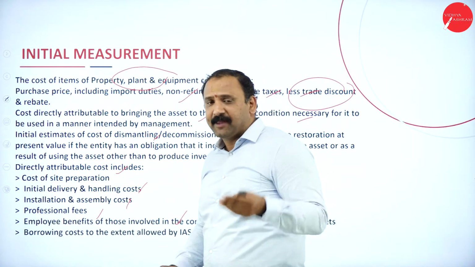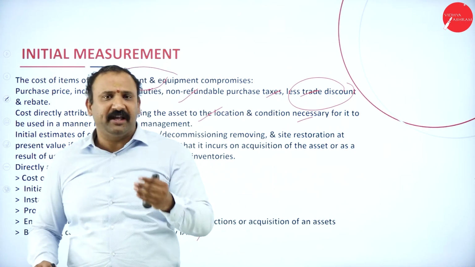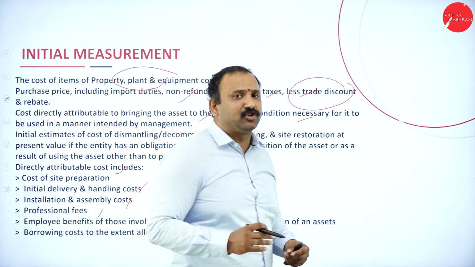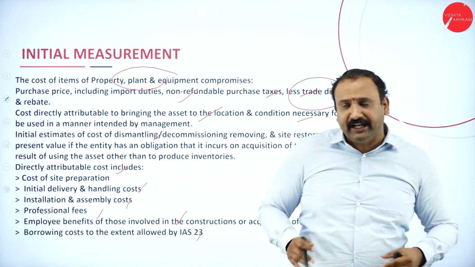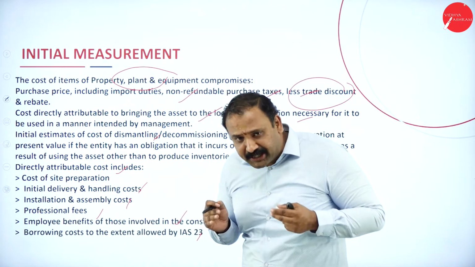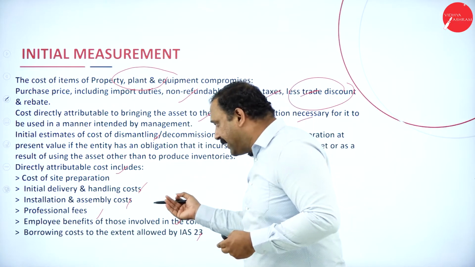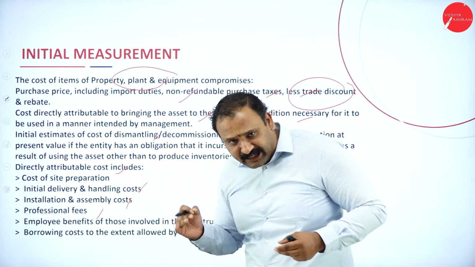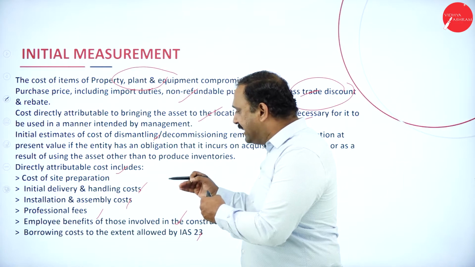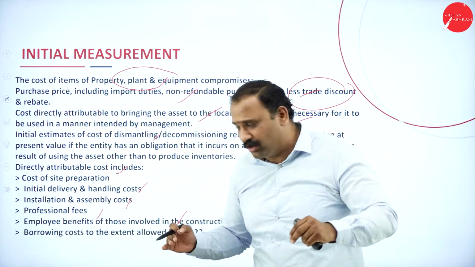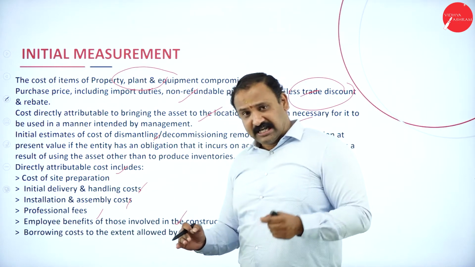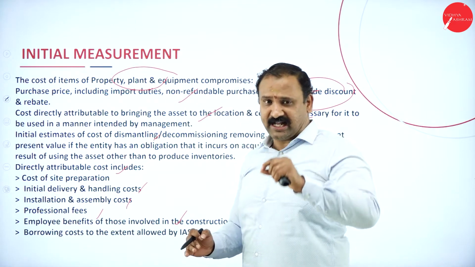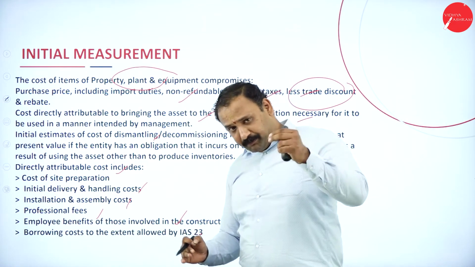So let's say I'm going to install a cutting machinery, or a robotic painting machinery. Starting from the site preparation, followed by the delivery and handling cost, then the installation and assembly cost, the professional fees, the employee benefits associated with that, and the borrowing cost.